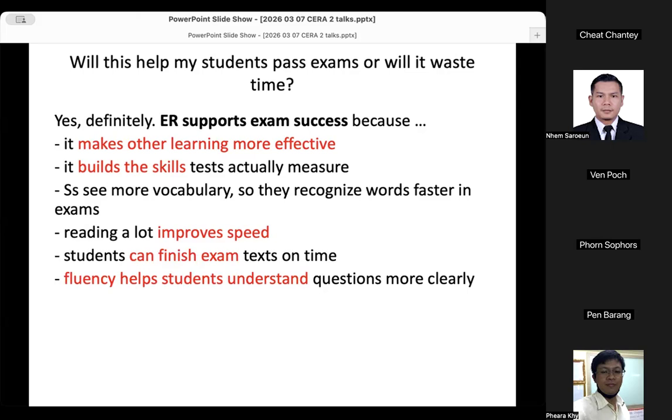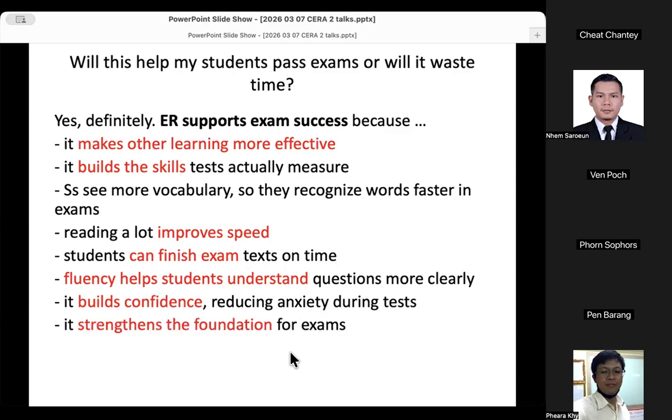And if your students are stuck at literal reading, they will not be able to answer these high level thinking questions, which are very, very common on tests nowadays, right? So extensive reading builds up the system to allow students to answer the new types of questions on exams, right? The other thing too is it builds confidence, reducing anxiety, and strengthens that foundation for exams, right?